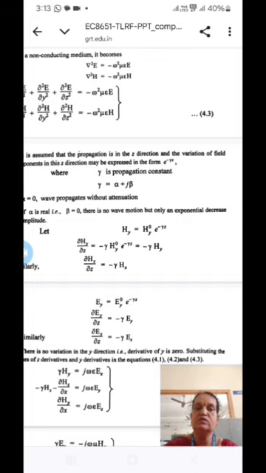Gamma is the propagation constant, that is gamma equal to alpha plus j beta, where alpha is the attenuation constant, the real part.